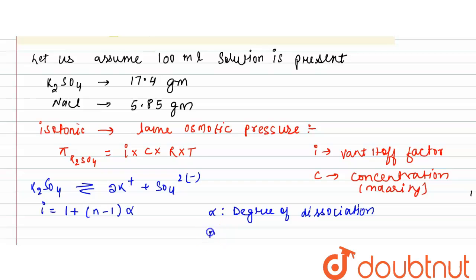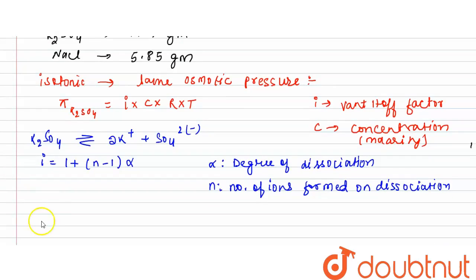And n is the number of ions formed on dissociation.